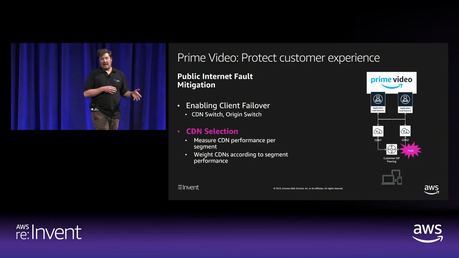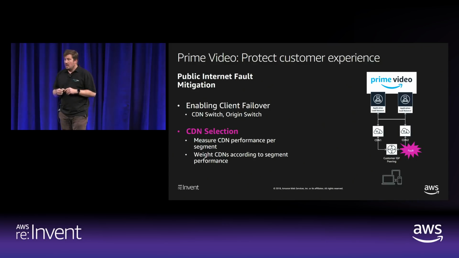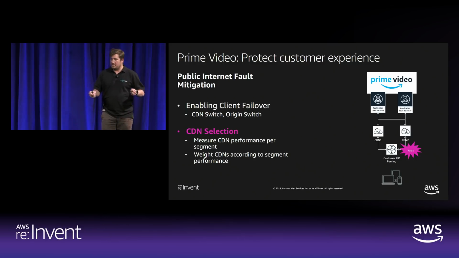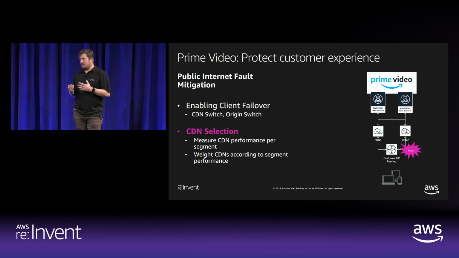Maybe this other CDN has peering with that ISP, and maybe that delivers a better experience for our customer. So the point is that we don't want to go around and take manual measurements on what that capacity is or any other component that might affect a CDN's performance in a given set of conditions.